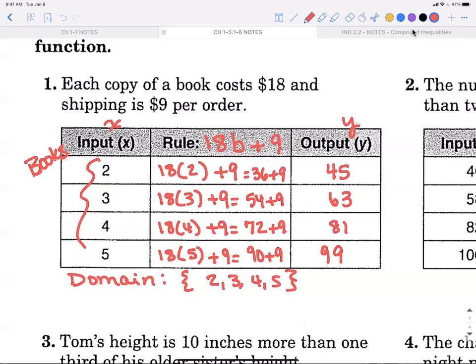That's our domain. And then our range, remember, Y's rise and our mountain range rises. So our range is this, our Y's listed out as 45, 63, 81, and 99.